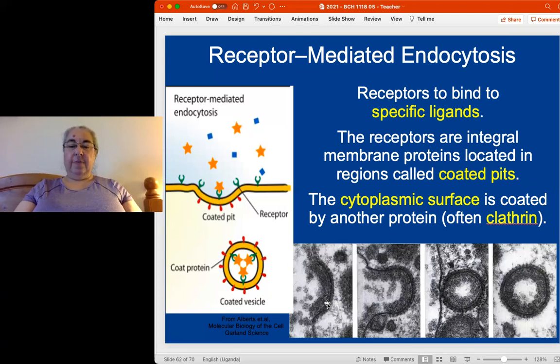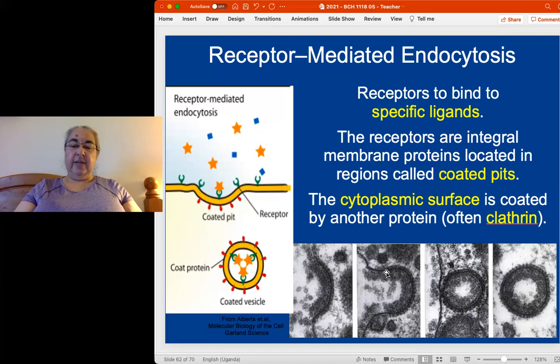Here is an electron micrograph of the same process happening. So I think you can see here that a pit is forming. This is a coated pit, and along the inside of this pit, there are these coat proteins. On the outside, there are the receptors binding to particular ligands.